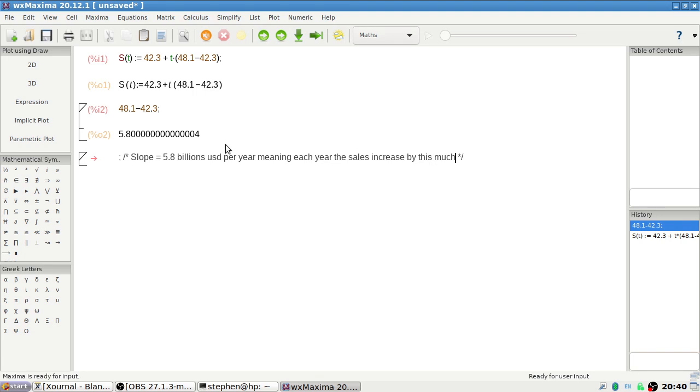Okay. Use part A to predict the year when online shopping during Christmas will reach 60 billion. Okay, so we want St to equal 60. Solve.